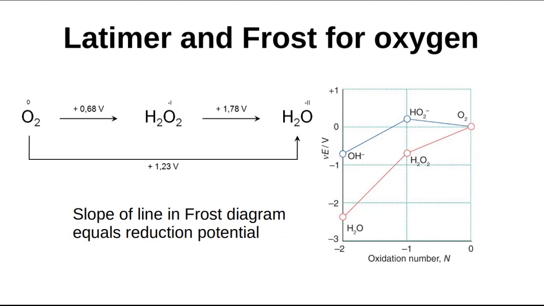That one can see also from the reduction potentials. Now let's see, water. When oxygen is reduced first to hydrogen peroxide, the reduction potential is 0.68 volts. This is a Latimer diagram. Latimer was some guy living in the 30s or something like that, producing a book of all elements, Latimer diagrams, which is still used today. 0.68 is actually the slope here.